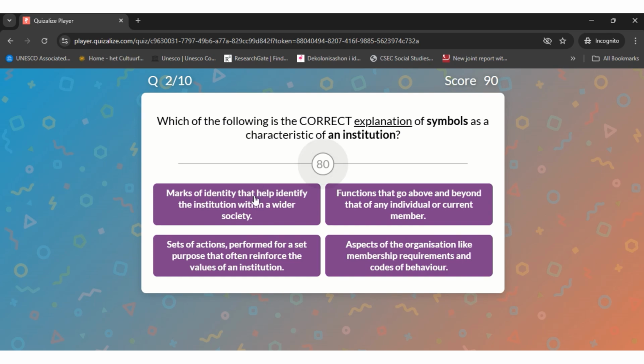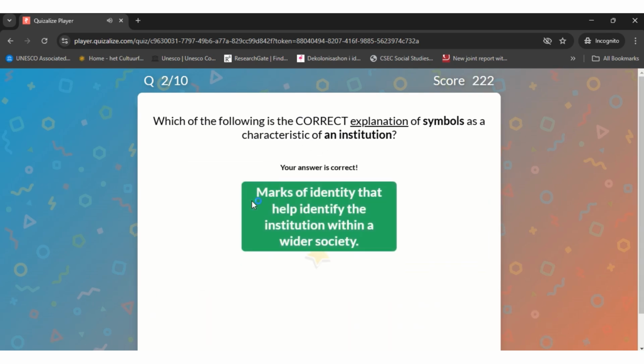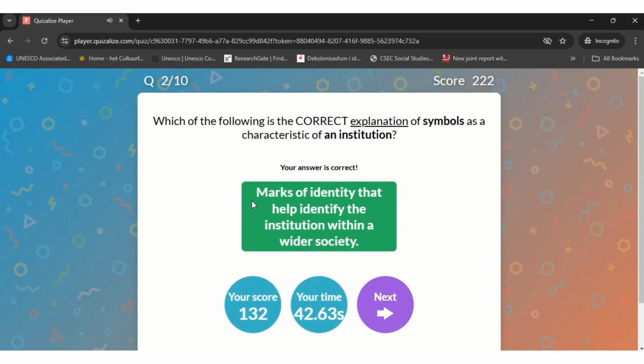The right answer is A. Marks of identity that help identify the institution within a wider society. It is a symbol like the robe of a priest or a judge, or the uniform of a police officer, or the umpire in baseball with all of his clothing, or within the Girl Scouts or the Boy Scouts. They are symbols as a characteristic of an institution.